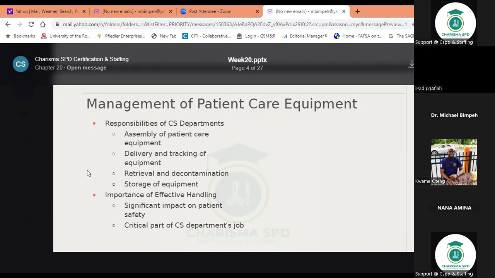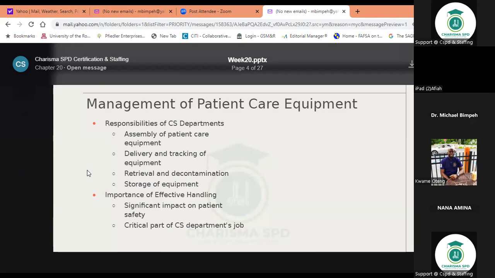Now, the responsibilities of the Central Service Department are assembly of patient care equipment. You guys are not in the field yet, so you don't know what a crash cart is unless you are working in a hospital. If you have to assemble that, of course, we have to assemble it. Then delivery and tracking of equipment, and also retrieval, decontamination, and storage of equipment.